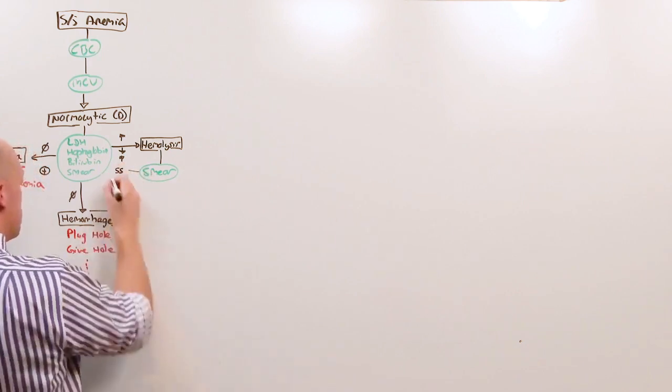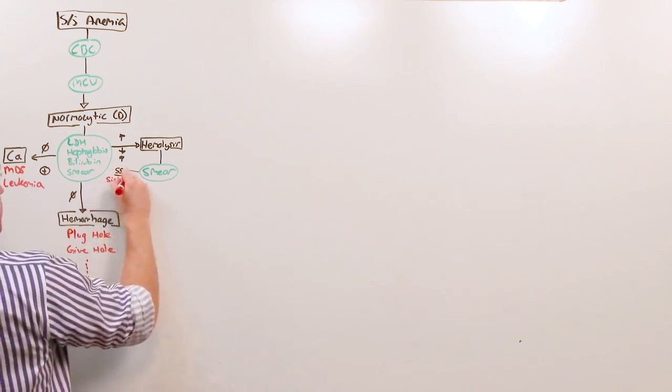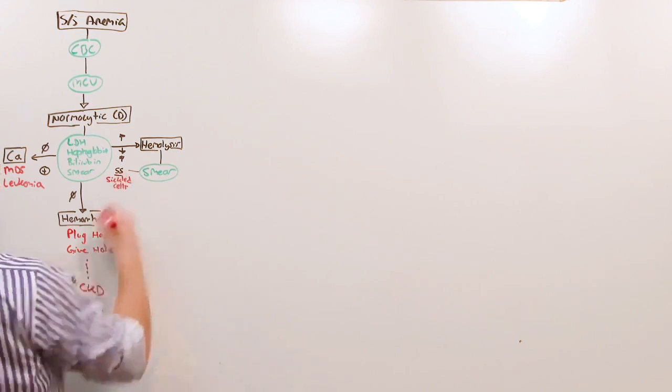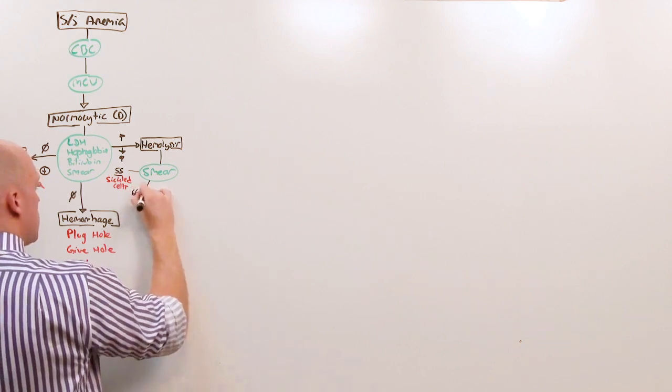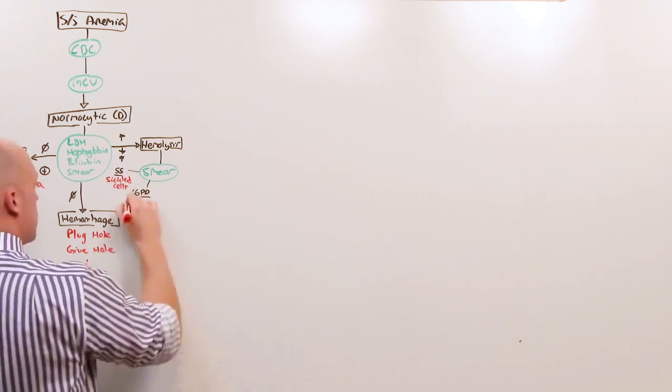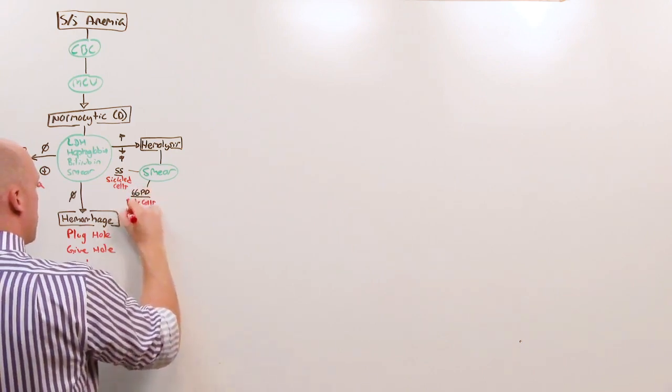Sickle cell disease, not surprisingly, will have sickled cells. G6PD deficiency will have bite cells and Heinz bodies.